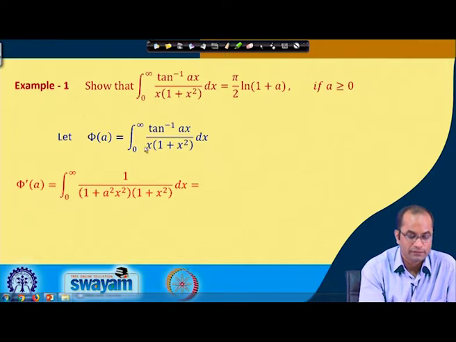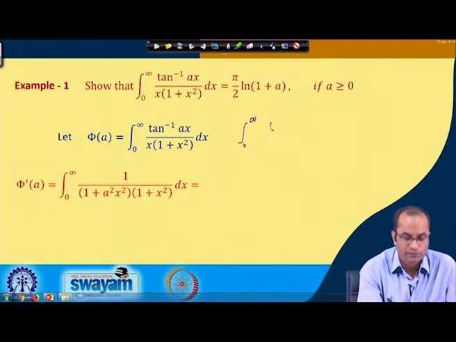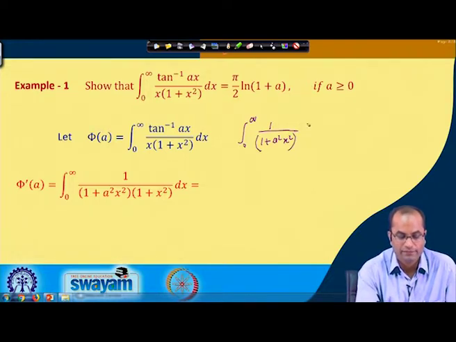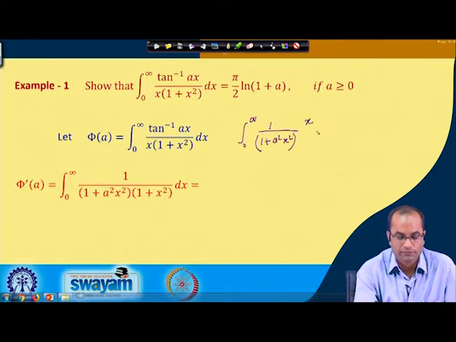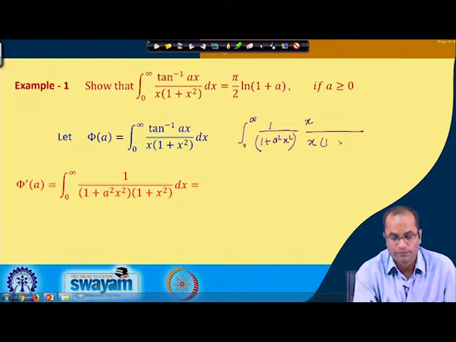So, if we differentiate here, we are basically getting the integral from 0 to infinity of 1 over 1 plus a square x square, times x from this a x, and already here it was x times 1 plus x square, and then we have the dx term.